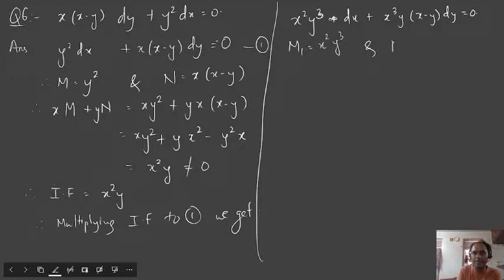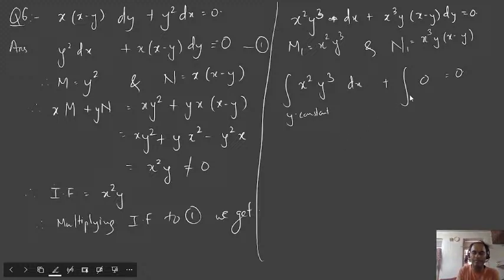And then you got your N1 as x cube y (x minus y). Now you integrate it for the solution. The solution says the terms of M, treating y as constant, x square y cube dx, plus terms of N free from x, there none is free from x, equals c rather. That is what you will get here.